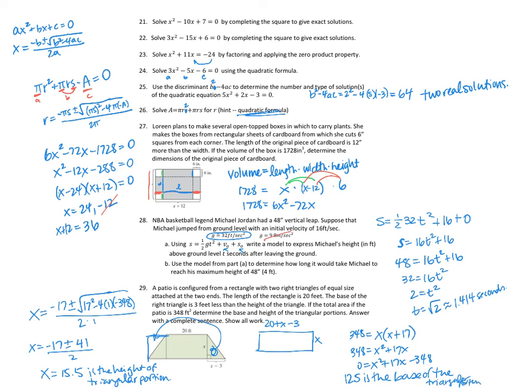This is the base of the triangular portion. And again, the units of these are feet, so I can squeeze a little feet in here, feet. And this is 12.5 feet. So all of that is measured in feet.